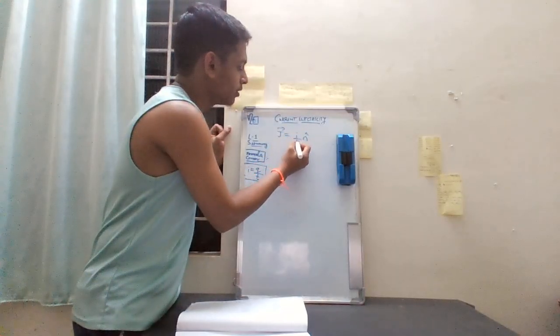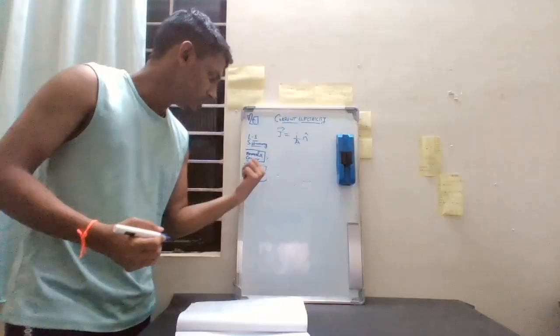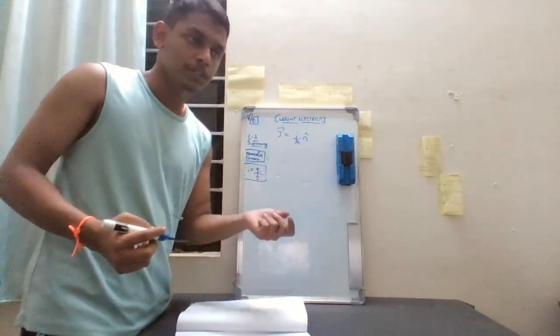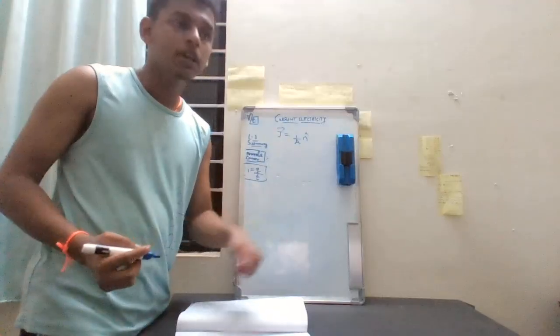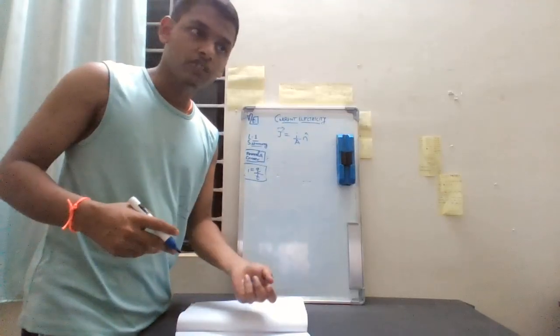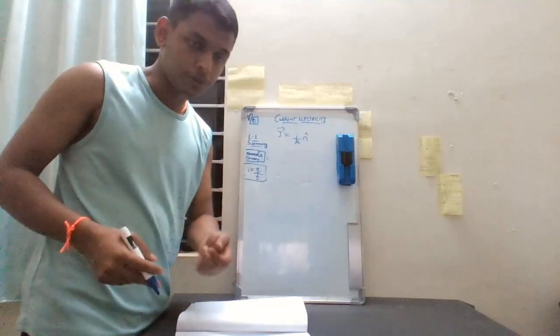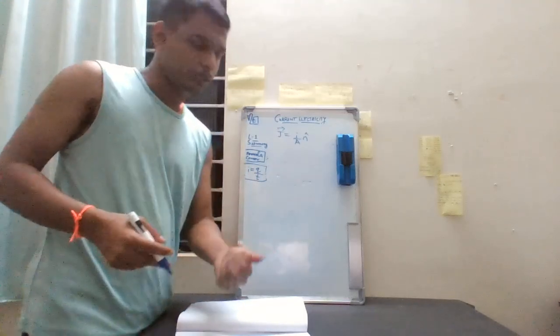So I by A. And I hadn't talked about the direction of current. It is from higher potential to lower potential, which is plus to minus, and in terms of electrons, it is opposite to the flow of electrons, and electrons flow from negative terminal to positive terminal.